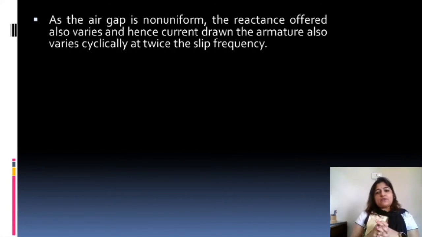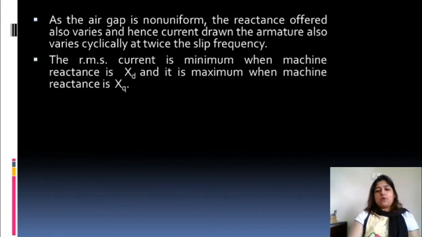We know that the air gap is non-uniform. The air gap is minimum along the D axis and maximum along the Q axis. Because the air gap is non-uniform, even the reactance offered to the fluxes will be non-uniform, and it will have a cyclic nature. So accordingly, the flux will have a cyclic nature. Because of this non-uniform air gap, the current drawn will vary cyclically, and its frequency will be twice the slip.